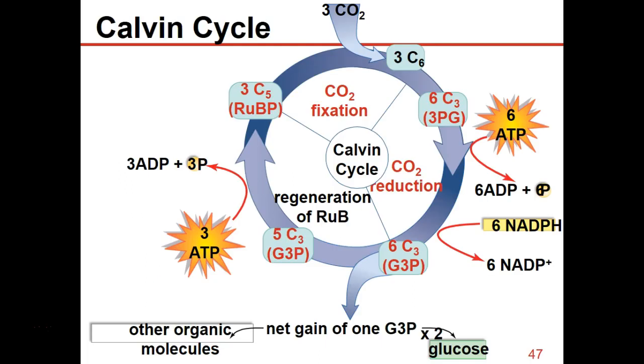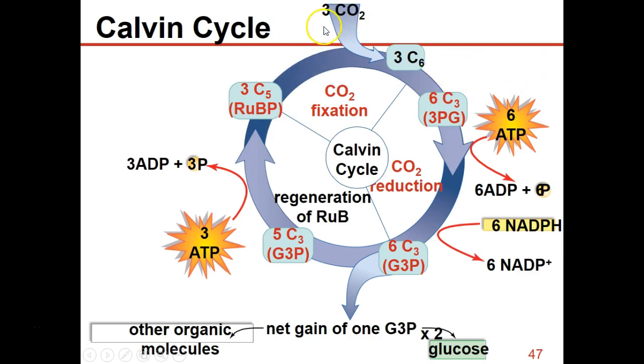So here's a very simplistic picture. I found this on Google Images. Here you have 3 carbon dioxides moving in. Each of the carbon dioxides that moves in will produce a 6-carbon molecule because we have a 5-carbon RuBP molecule there.